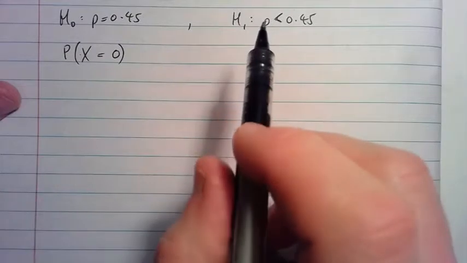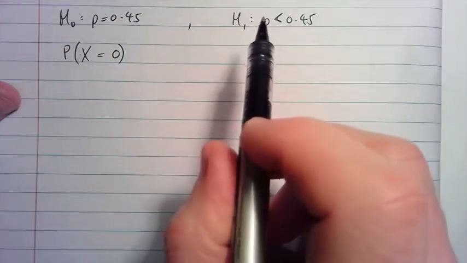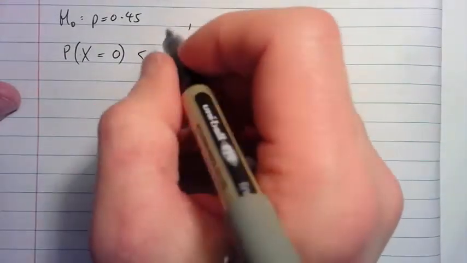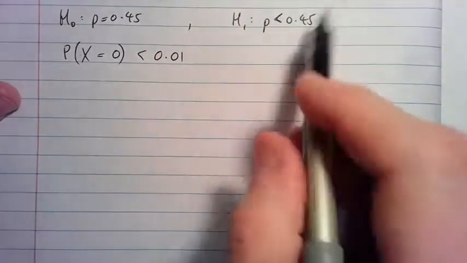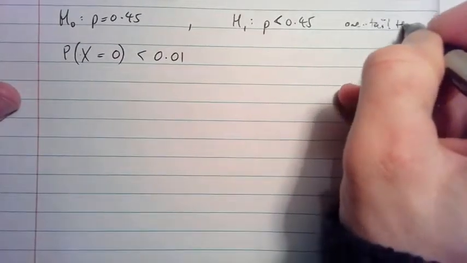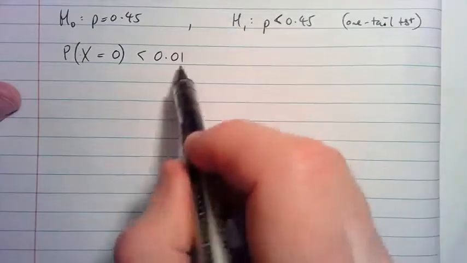And it's got to be at the 1% significance level, so in order to be rejected then it would have to be less than that 1%. It's a one-tailed test, notice. So because it's a one-tailed test, you use the full 1% here.